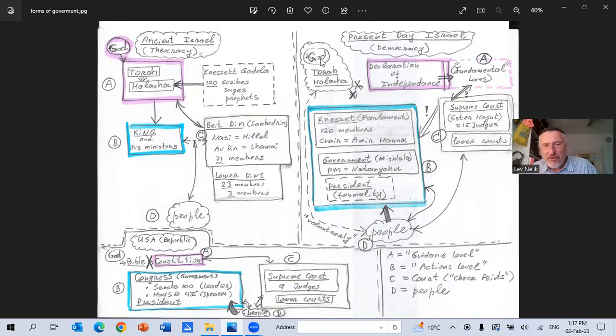So there's no connection between God, Torah, and Halacha. The Halacha of ancient Israel would be essentially a fundamental law, while the Declaration of Independence is what guides the upper level of the country currently, and the democracy. That's why it's not a theocracy, but a democracy. And that's basically how the Israeli society functions.